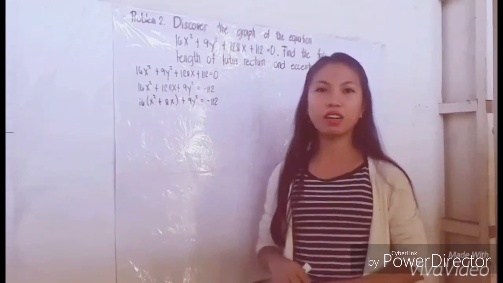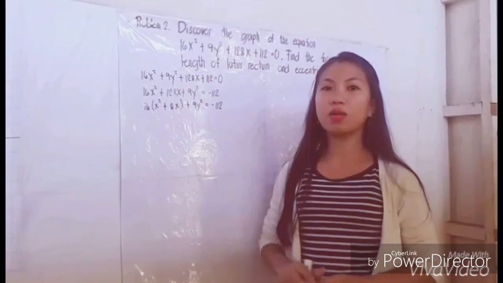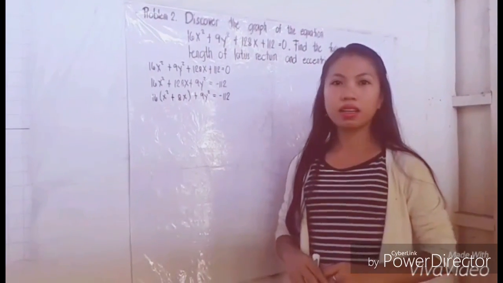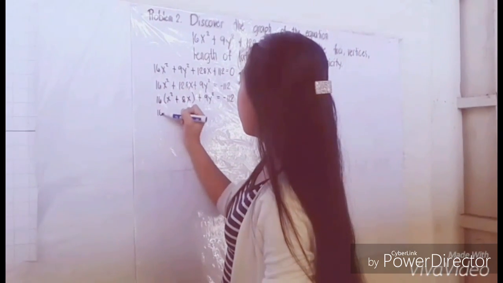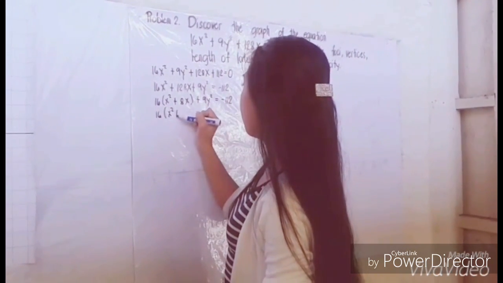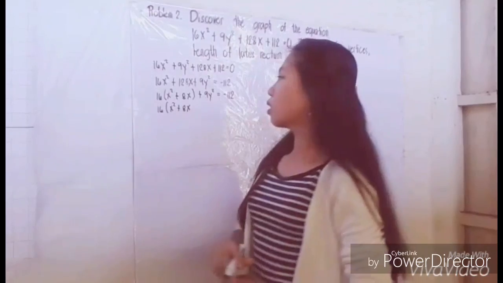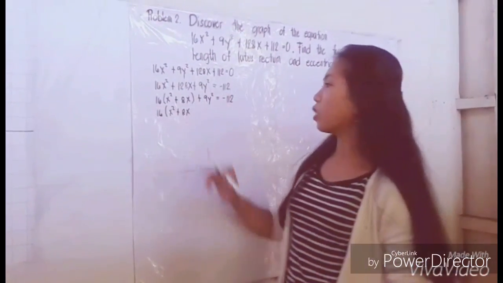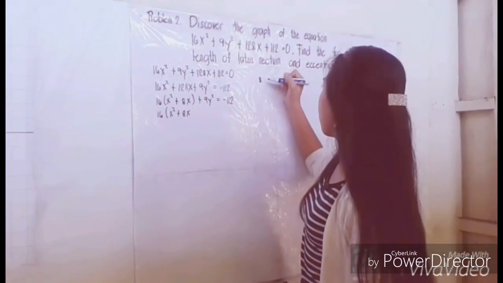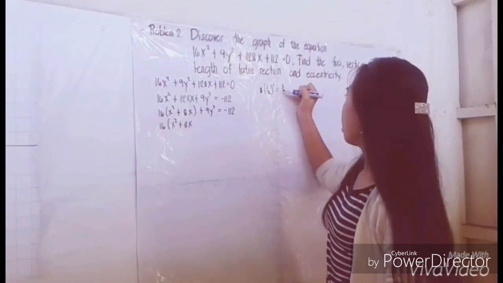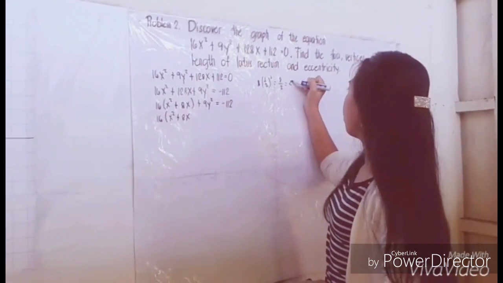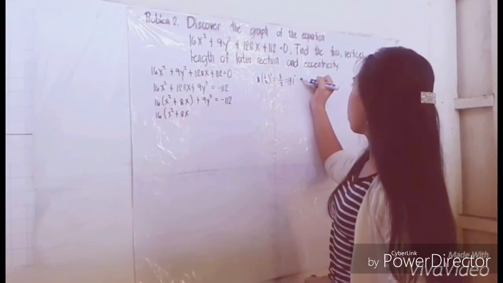Take a perfect square trinomial, or PST, by taking 1/2 squared of the coefficient of x. So we have 16 times x squared plus 8x. The coefficient of x is 8, so we take 8 times 1/2, which is 8 over 2, equal to 4, squared is equal to 16.